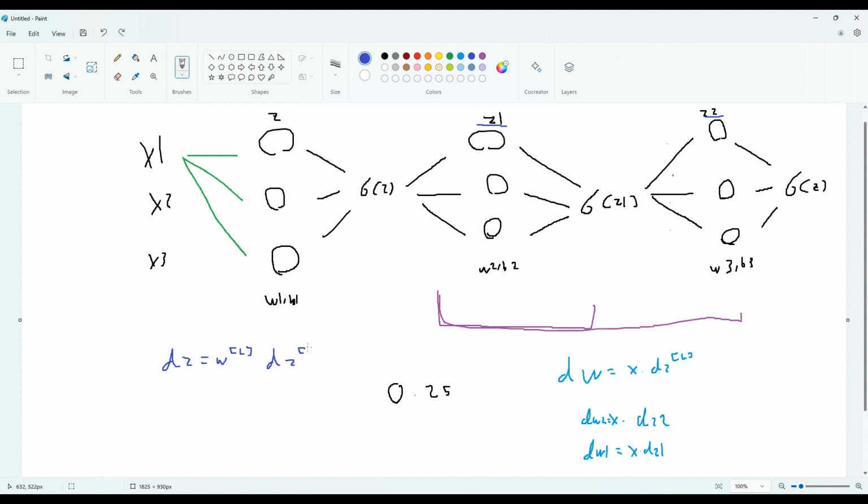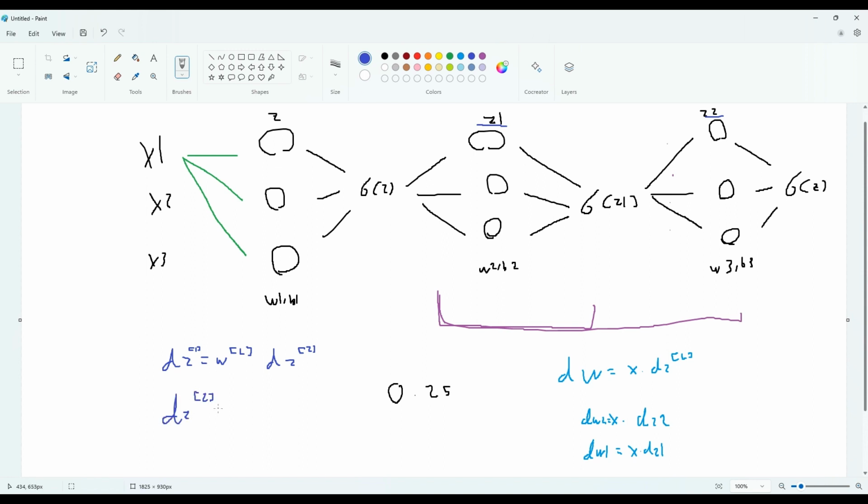So this may be 2, and this may be 1. So as we keep going, the derivative of z2 is equal to some weight layer times the derivative of z3, the third layer, right? So as this multiplication continues to occur, let me do this.